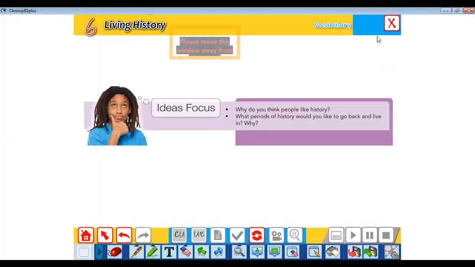Let's try to finish some exercises from the booklet. So open your booklets, please, on page 26. Page 26.